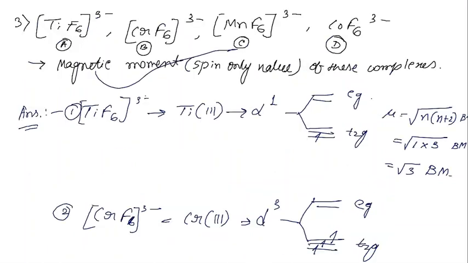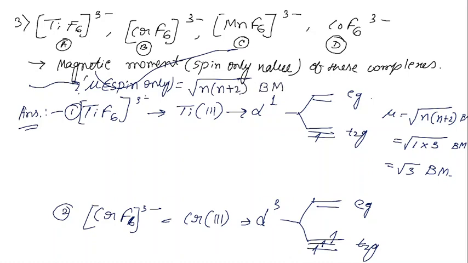I think I should write the formula first. Spin only: root of n into n plus 2. When only the spin contribution is there, this is the formula. If you want to solve any kind of question related to this, you can use this formula and easily solve it.